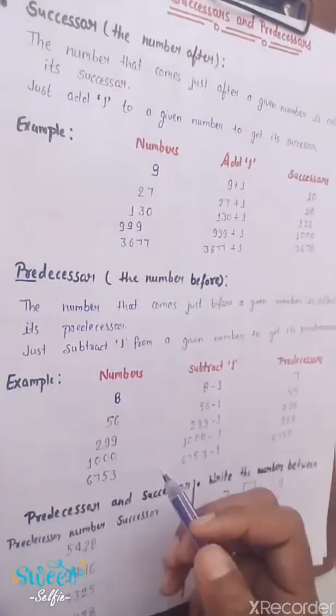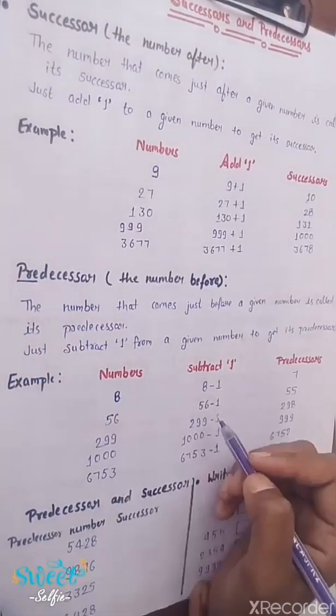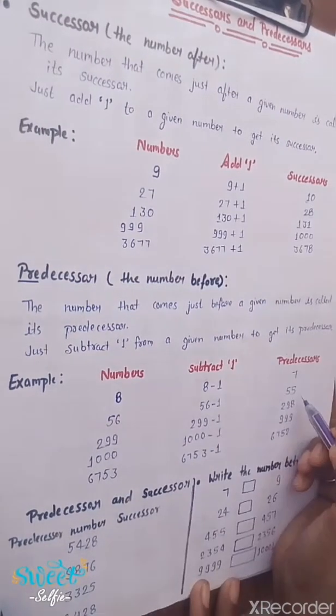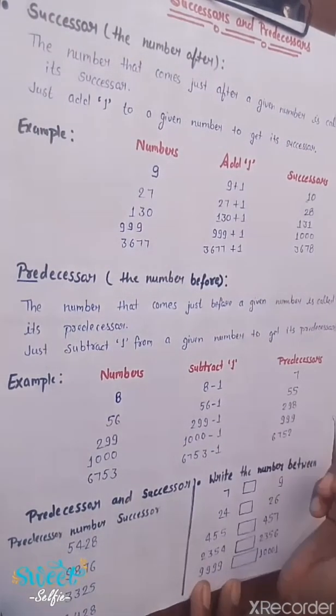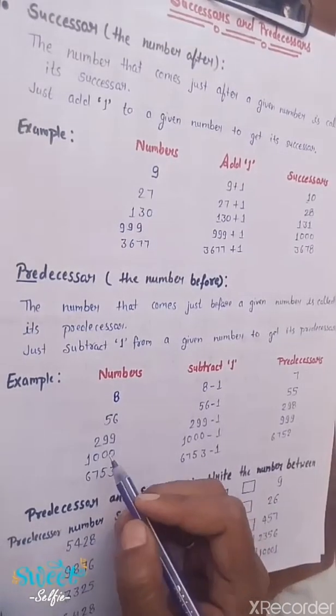Next is 56. So subtract 1 from 56. 55. 55 is the predecessor of 56. Next one is 299.